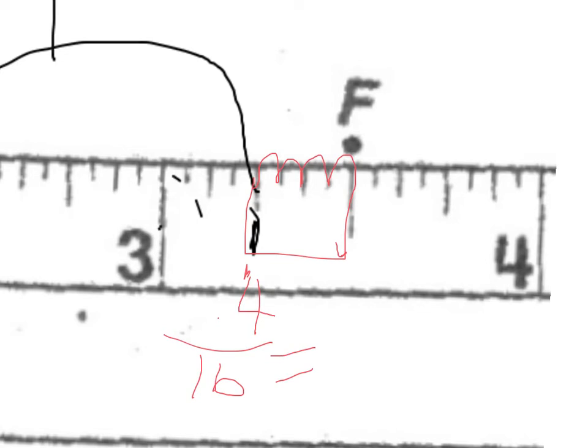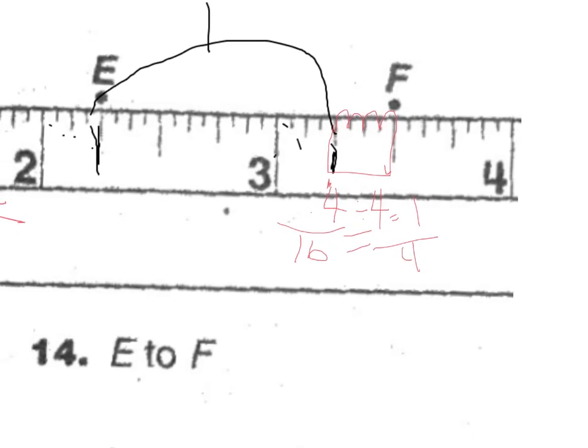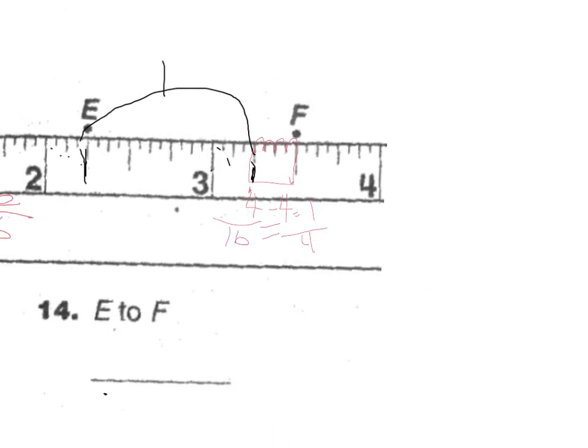So because it can be divided by 4, we want the biggest number it's divisible by, and so we're going to choose 4. So 4 divided by 4 is 1, and 16 divided by 4 is 4. So the distance between E and F is 1 inch and 1/4 of an inch. Okay? Come to school if you need some help tomorrow.